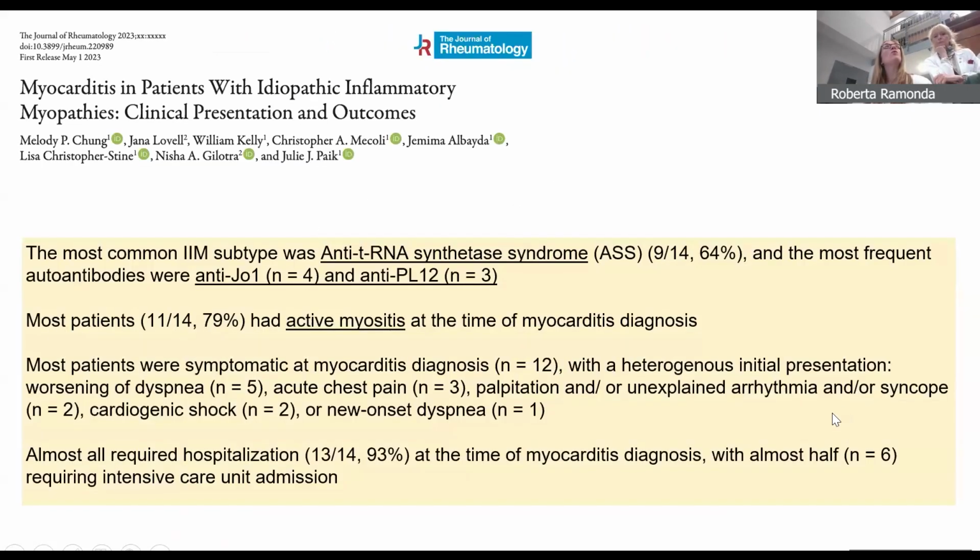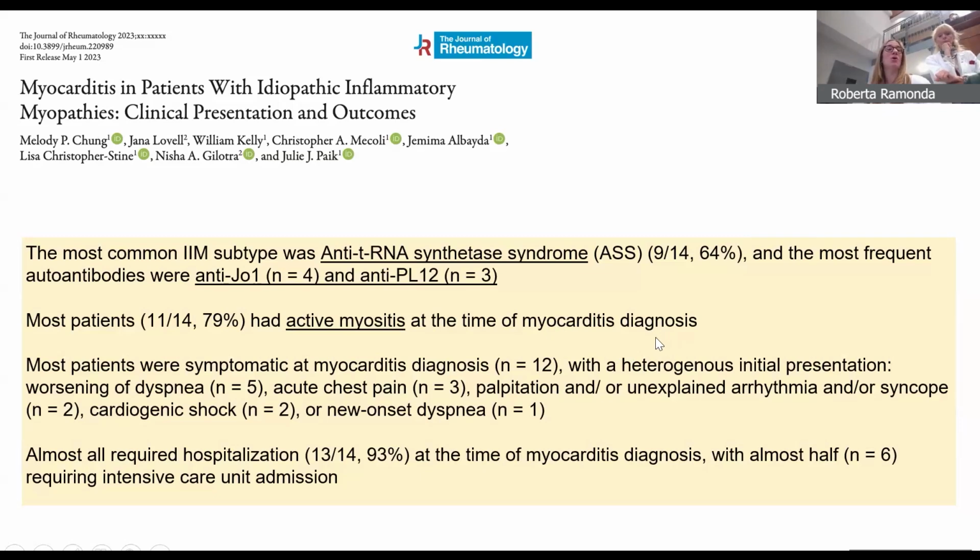Among all the types of idiopathic inflammatory myopathies, anti-tRNA synthetase syndrome is the most frequently involved when we speak of heart involvement, particularly in patients with anti-Jo1 and anti-PL12 antibodies.